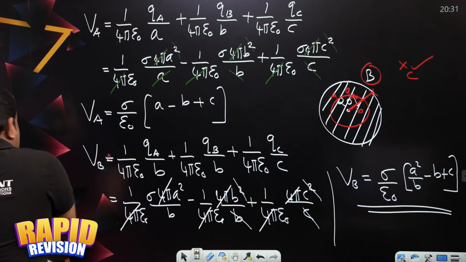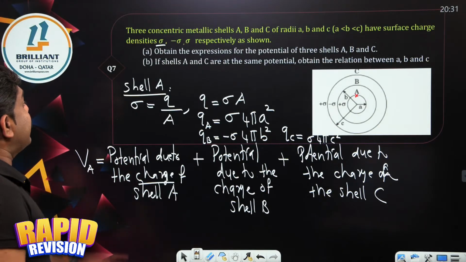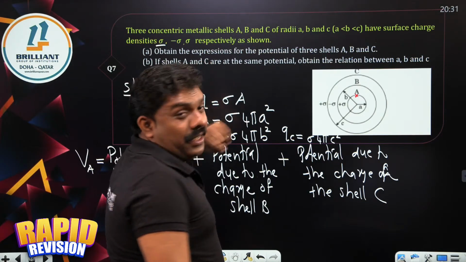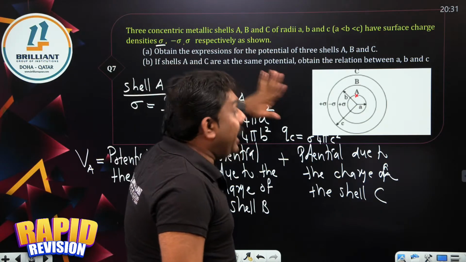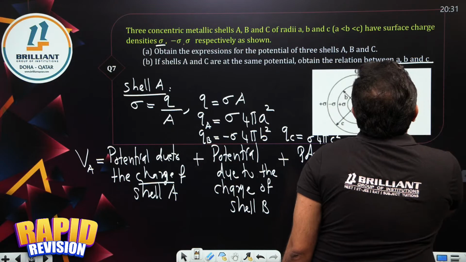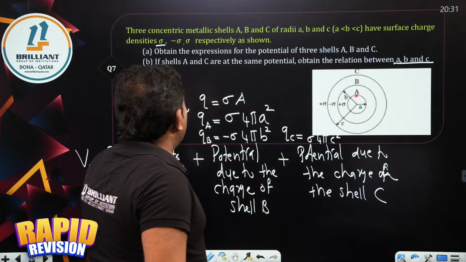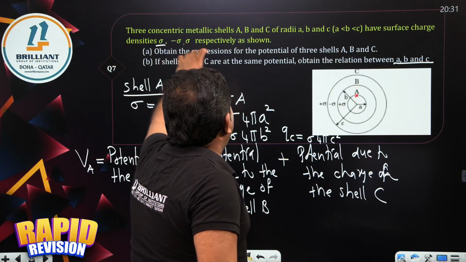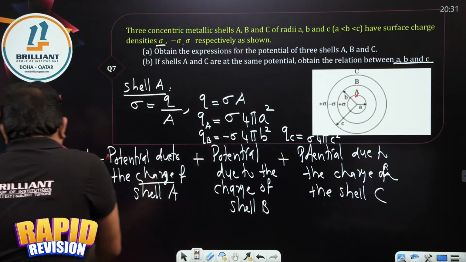Going back to the question, they are asking the second part: if the shells A and C are at the same potential, obtain the relation between A, B and C. So we have to deduce the relation between A, B and C if shells A and C are at the same potential.